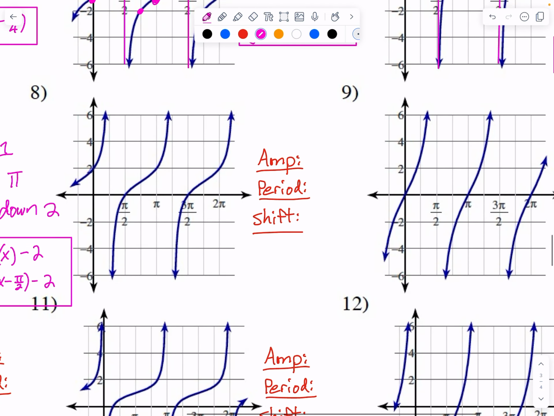Okay, number 8. So again, I'm looking for that midline idea. I think it's right here. It looks right. So there's my midline. So I can see that the function moved up 1. I'm also looking for the period. So the period goes from there to there. As I can tell, if I'm looking at it, it is just shifted 1 tick mark, so it's still pi.